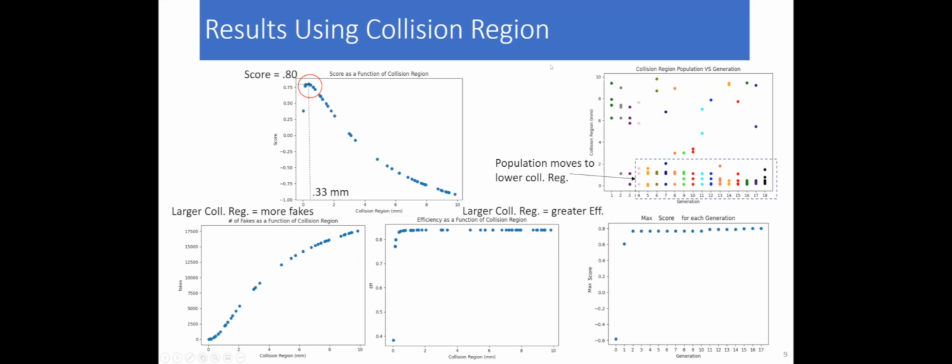That means our algorithm is giving us better and better scores, because you see that the best score is around, I mean, it's a small collision region. And the bottom right graph shows that you get a better and better score as the algorithm goes through the generations.